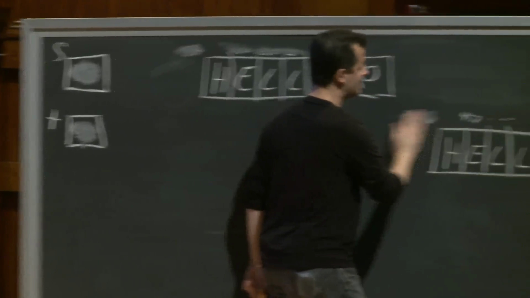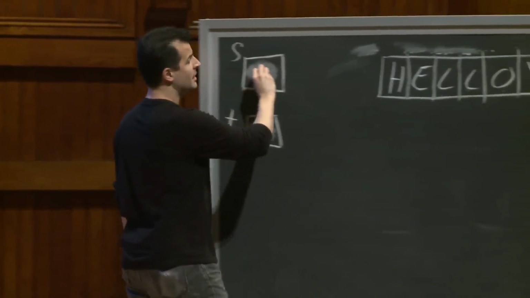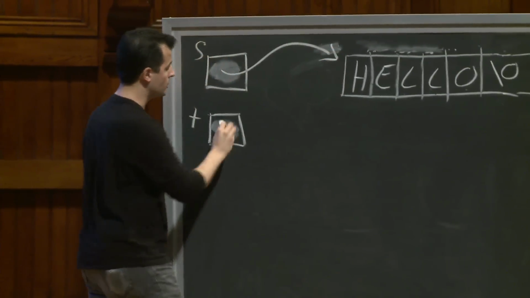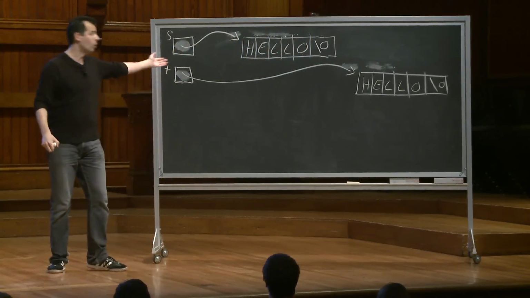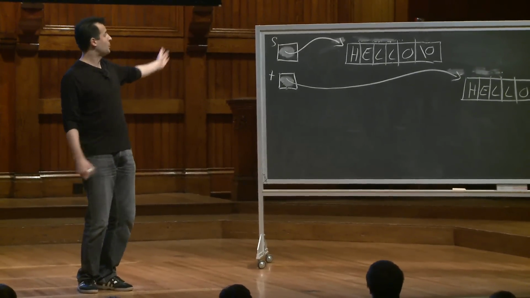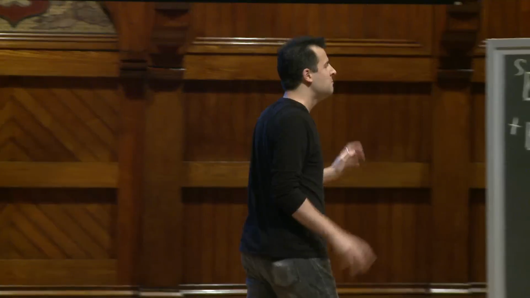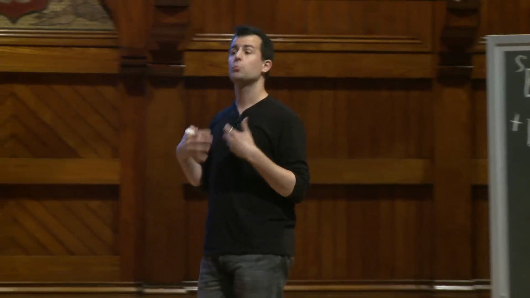We just know that it is at some numerical address. We simplify the world and just say that S is pointing to that character and T is pointing to that character. And the fact that it's an arrow is quite intentional, because literally now S is pointing at H and T is pointing at the other H, because at the end of the day, it doesn't matter what the address is, but it does matter that we have the ability to express that address with some piece of code.